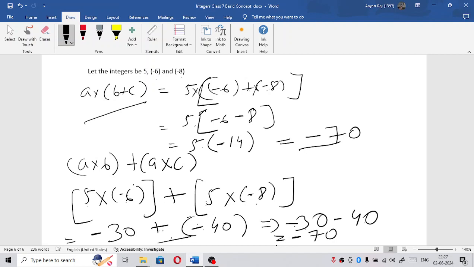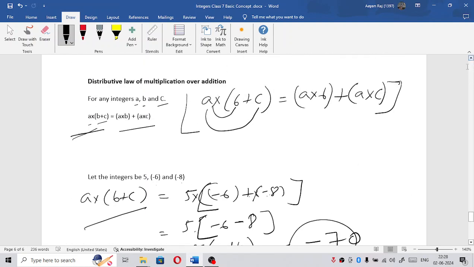So if you see, LHS and RHS both are the same. Hence we prove the property which has been defined: when there are three integers a, b, c, a into (b plus c) is equal to a into b plus a into c.